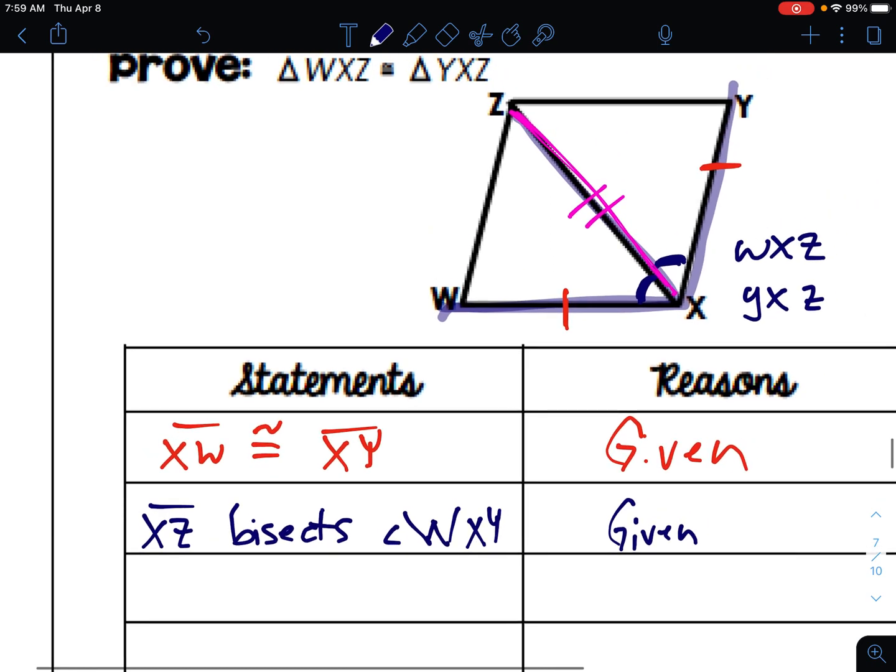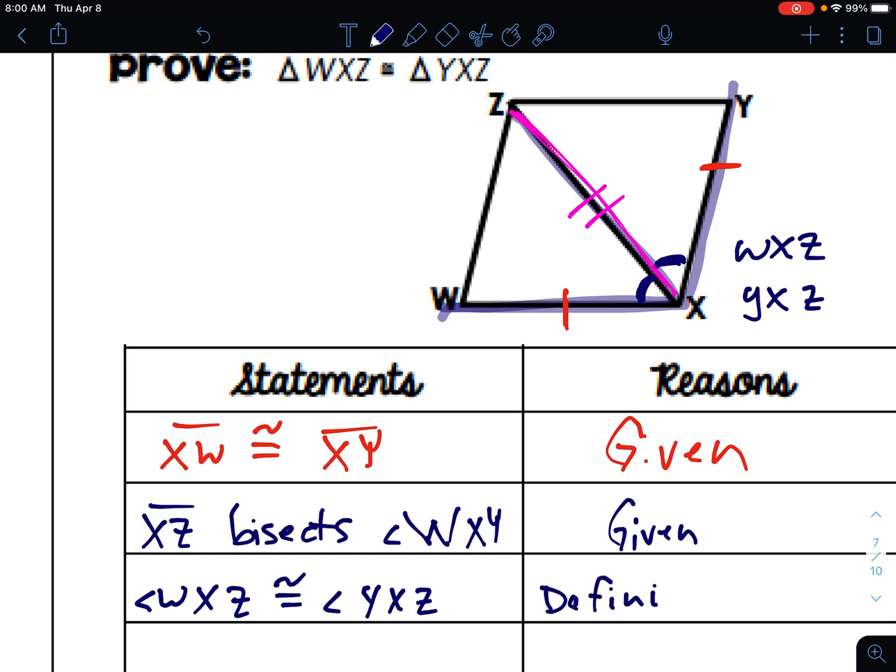That was given. What did that mean? Because that's not a statement. That didn't let me put tick marks at it. There's no tick marks yet. So then we have to say angle WXZ is congruent to angle YXZ. And how do I know that? That is definition of angle bisector or definition of bisect.